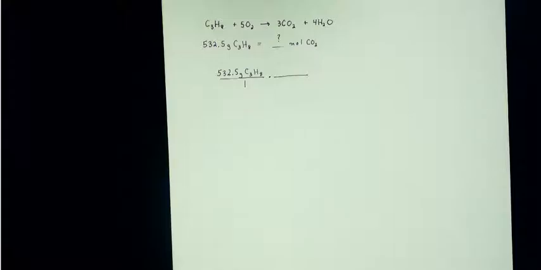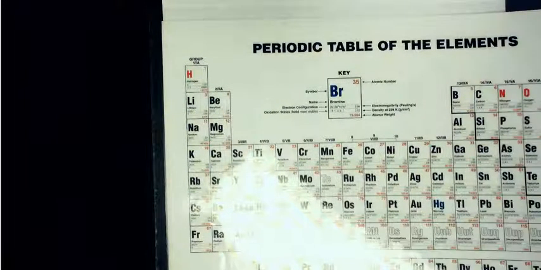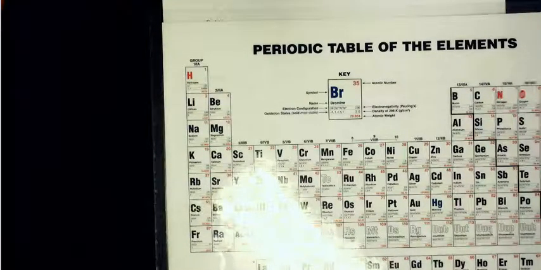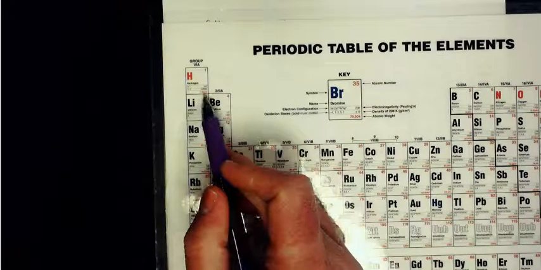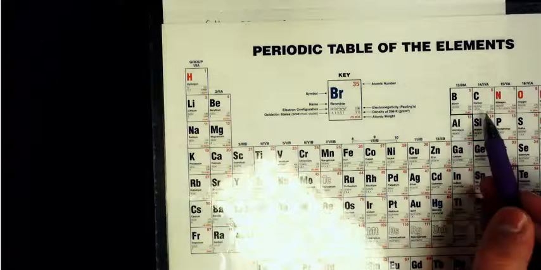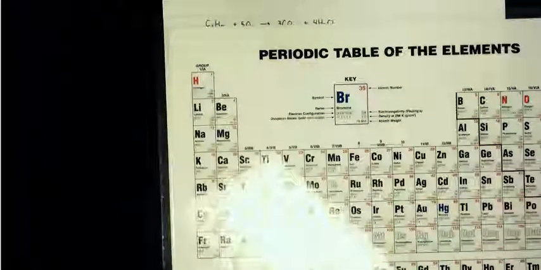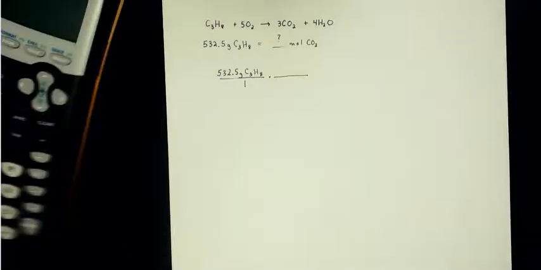How do you find the molar mass of propane? Well, you're going to need your periodic table. We know that there's 8 hydrogens. Each one has a mass of 1.01 grams. There are 3 carbons. Each has a mass of 12.01 grams.